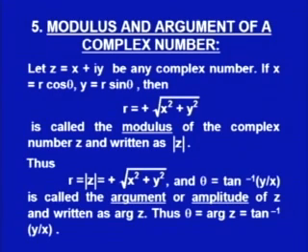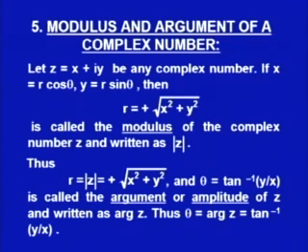And theta, if we calculate theta from these expressions x equal to r cos theta and y equal to r sin theta, tangent theta comes out to be y by x, therefore, theta equal to tangent inverse y by x. This theta is called the argument or amplitude of the complex number z, and in short it is written as arg z.